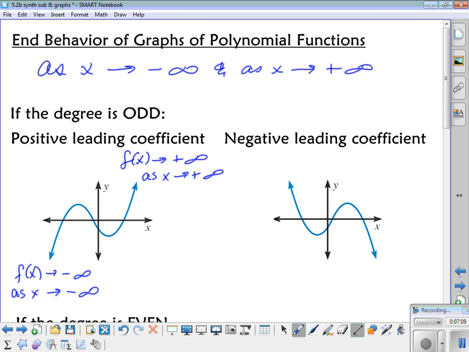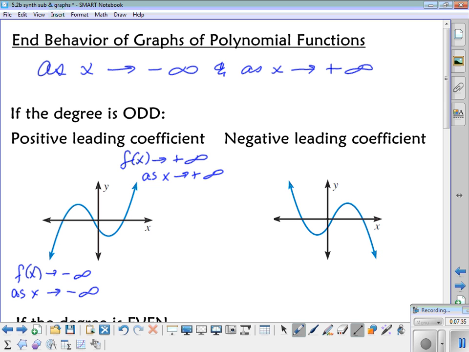Which makes sense. If you've got a positive leading coefficient, is that going to change what the x value is? If x is positive, then it's still going to be positive, right? Because when we raise a number to an odd degree, like if I have 3 to the third power, it's always positive, right?